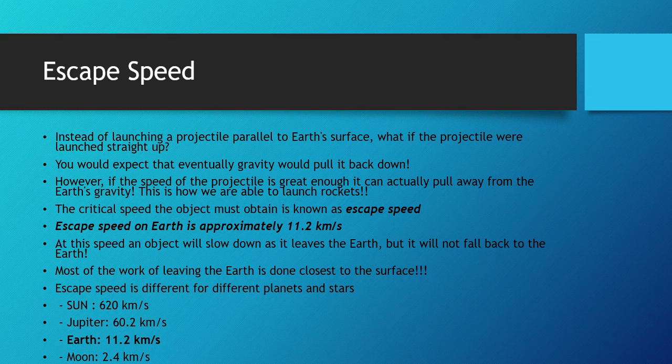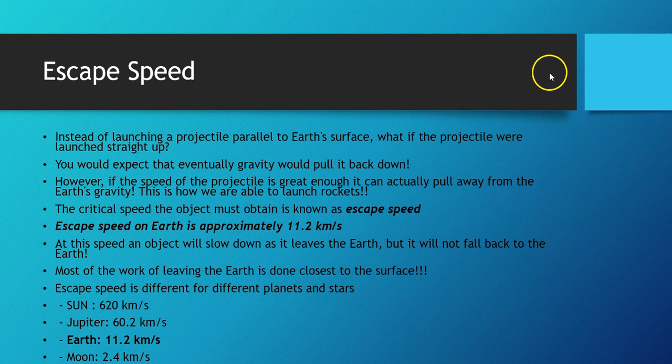But then if you add more fuel, you have to add more to lift that weight. And so it can kind of compound over time. And that's why you can have trouble getting things up into space. But if you can get any object to travel 11.2 kilometers per second perpendicular to Earth's surface, then it should leave Earth and not fall back to the Earth.